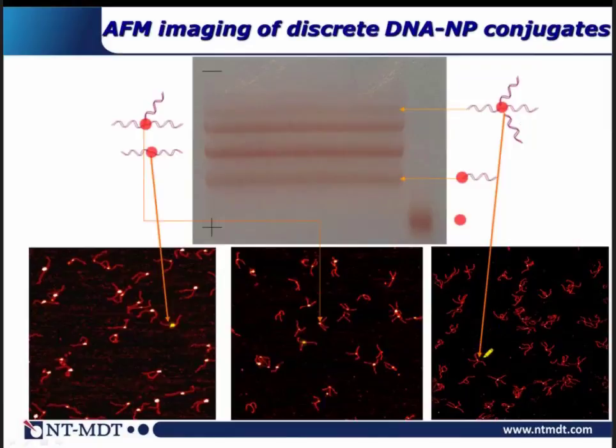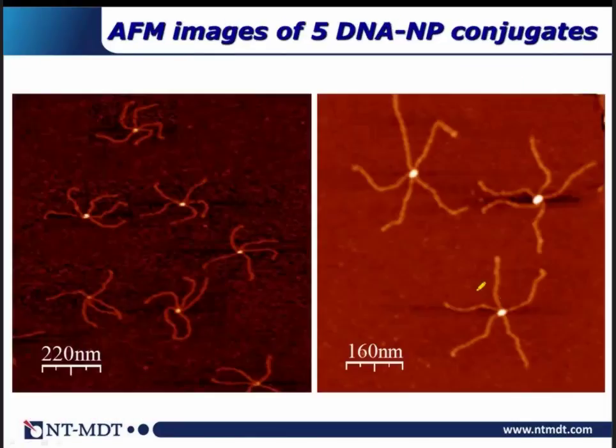Here is a tetramer where 4 arms are connected to the central gold particle. And even here you can see beautiful images of 5 arms connected to pentamers. This is the gold nanoparticle and 5 arms leading to it. So this is clustering of 5 DNA molecules by gold particles.